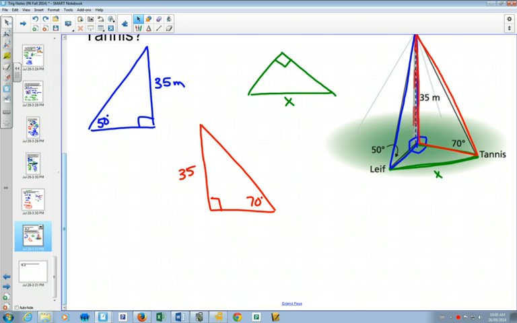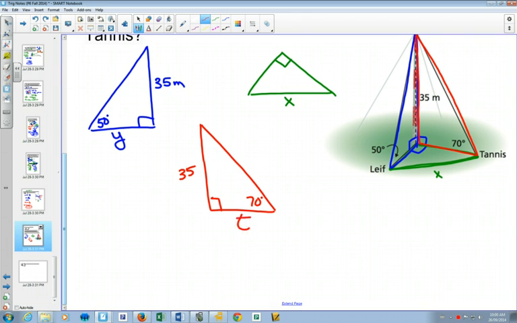So let's look at the blue one. What should I solve for on the blue one? The base. What letter do you want to use? I'm using x already over here, so I have to pick a different letter than x. Y. Okay. And on the red triangle, what side or angle should we solve for? The base again. And what letter do you want to use? T?